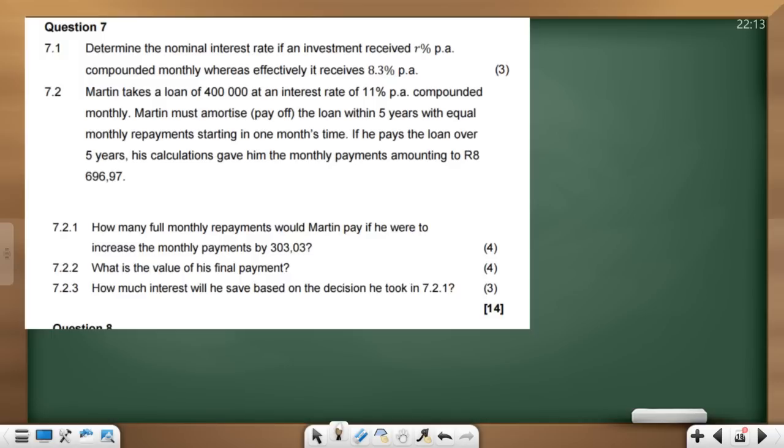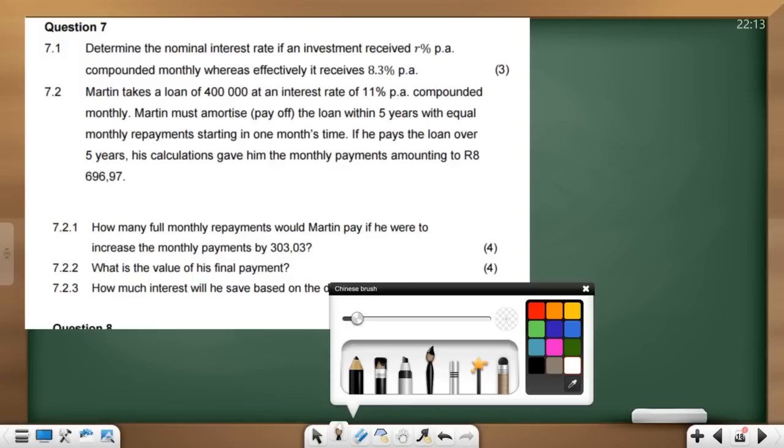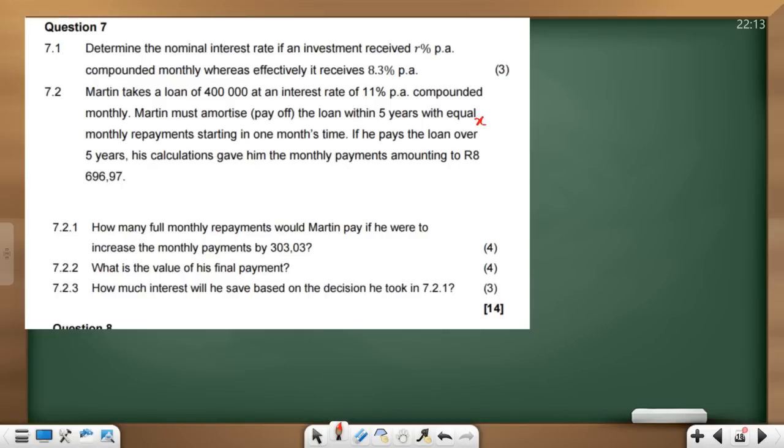Okay, now Martin takes a loan of 400,000 at an interest rate of 11.2% compounded monthly. Martin must amortize the loan within 5 years with equal monthly repayments. Now, already I know that talks about an X there. Starting in 1 month's time, which is normal.